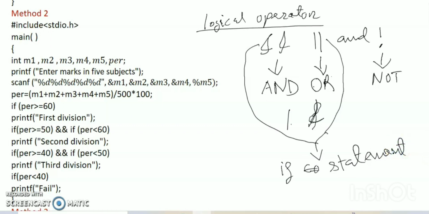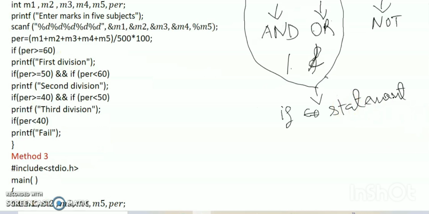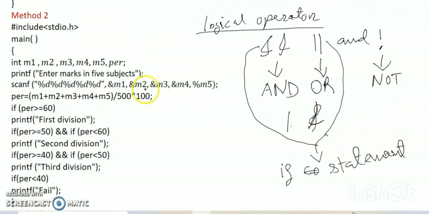So let's start to discuss. The same way, hash include, you will put scanf and printf, and printf first division when it is, and if and if. The and operator is to combine two conditions.